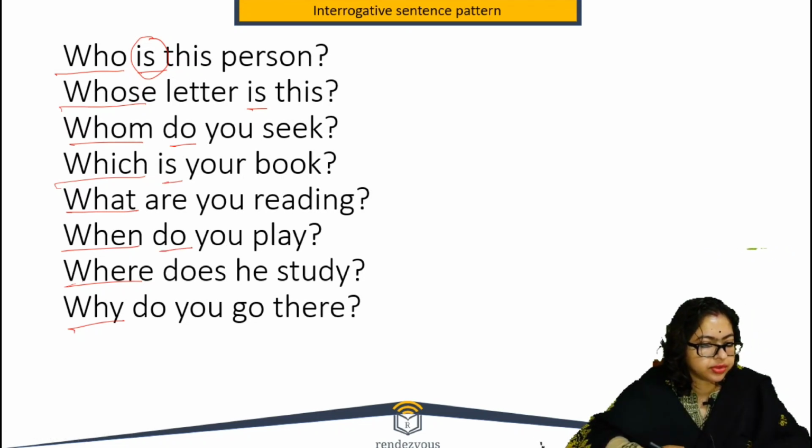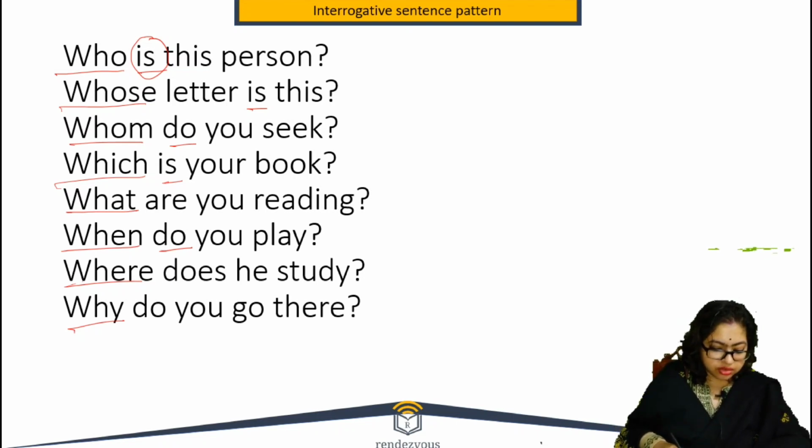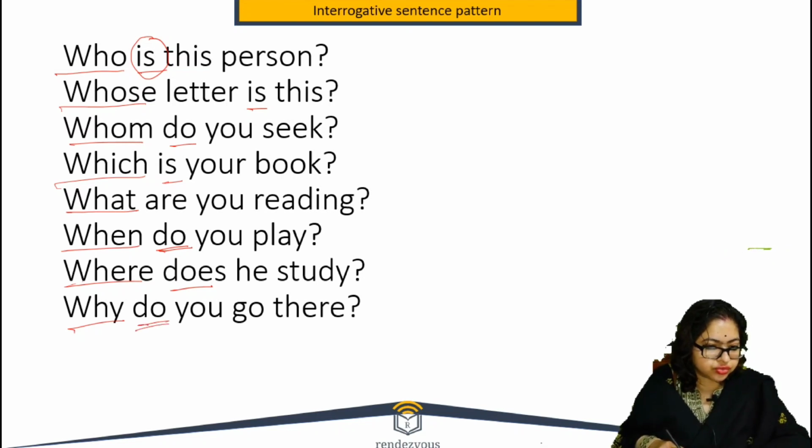And for this example, where do you play, we have the do verb as an auxiliary. Again, for the next example, we have the do verb as the auxiliary, because he is third person singular, it is does. And for the last example also, we have do as the auxiliary and go as the main verb.